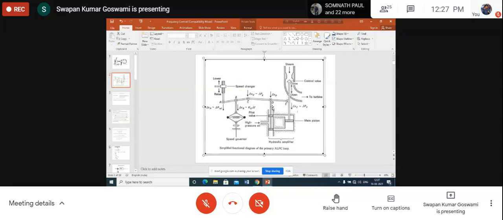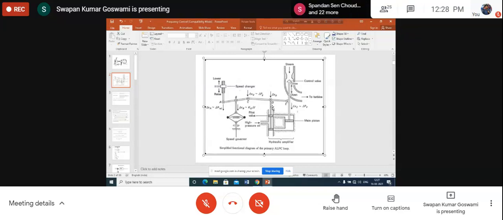So now this is how the speed governing mechanism will work. And then we shall now see how the speed governing mechanism will be effective in controlling the frequency of the synchronous generator. Since you are controlling the frequency of a single generator, the same logic will be applied to all the generators, and this is how the frequency of the total system will be maintained.